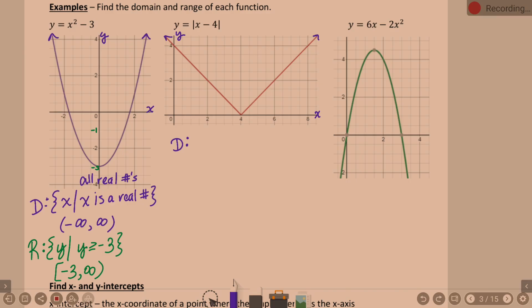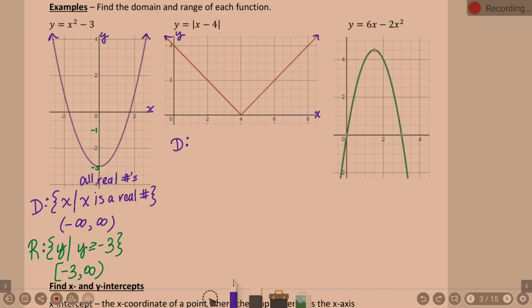As it's going up, it's going infinitely left. How far right does it go? As it's going up, it goes infinitely right. So what could I put as my domain? Okay. X is a real number. All real numbers. Negative infinity to positive infinity. Same answers, right?